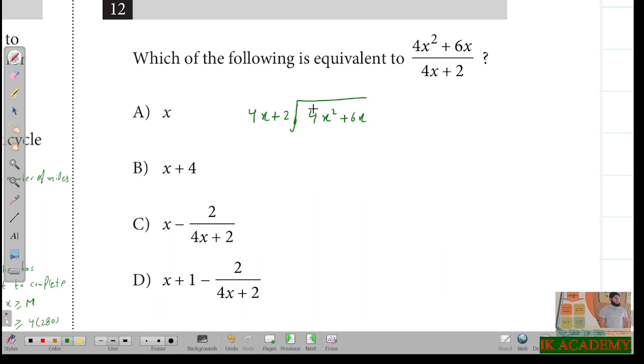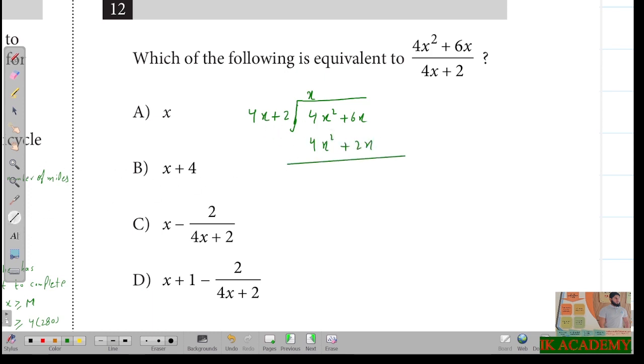So dividing an algebraic expression by another algebraic expression, we have to make the equal values here, so we can subtract both of them to get the simple remainder. So what value should I multiply with this so we can get 4x squared at least? So I have to multiply with x. So x into 4x is 4x squared. x into 2 is equal to 2x.